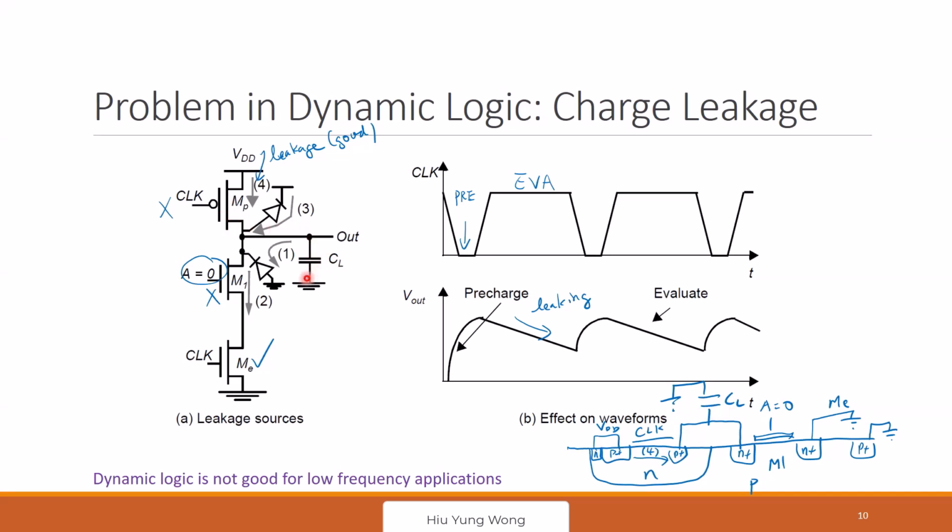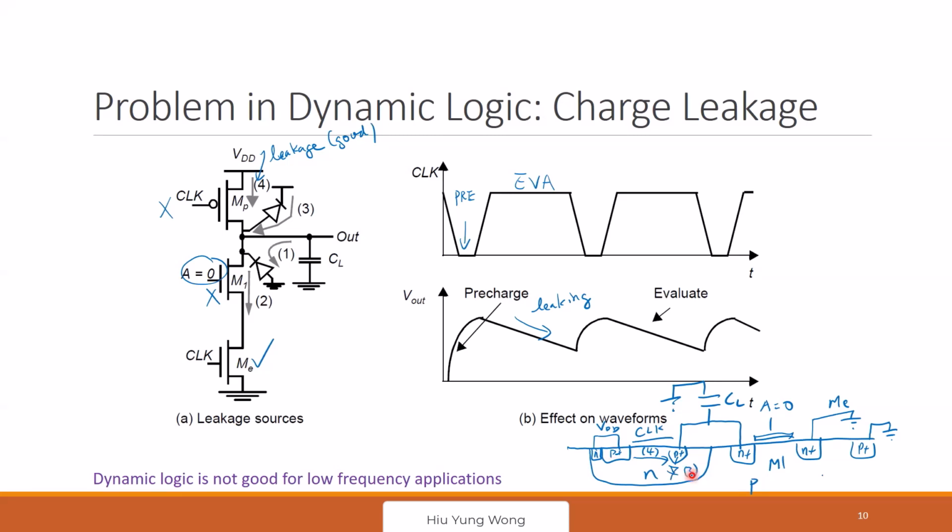But on the other hand, I also have this one connected to the N well, and this one forms a diode. This is path 3.